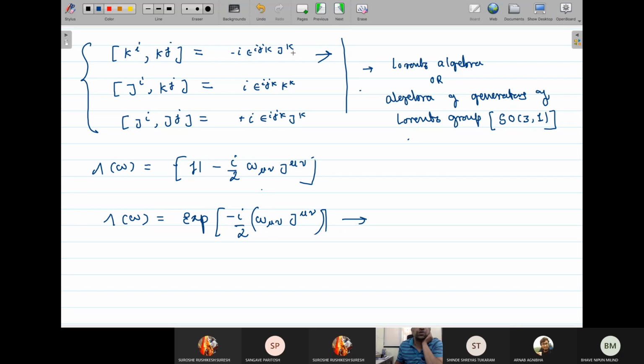You can see from here that rotations by themselves form a subgroup. Why is it a subgroup? Because if I consider two rotations, I get a rotation, so it is closed. Two successive rotations give you a rotation.